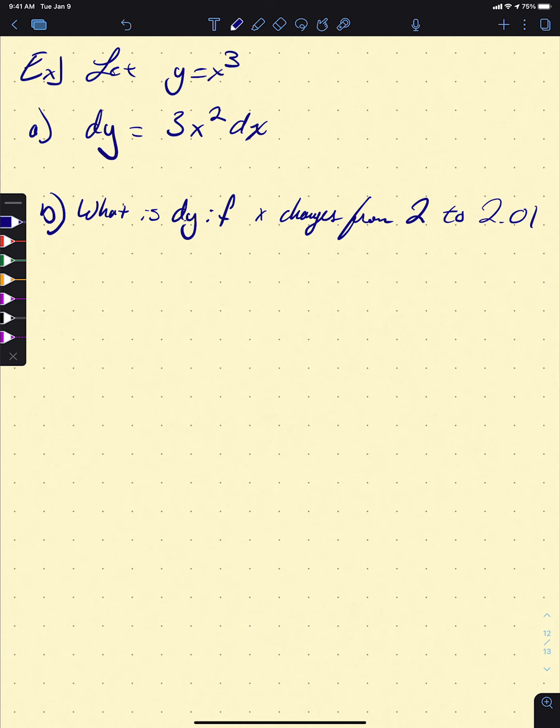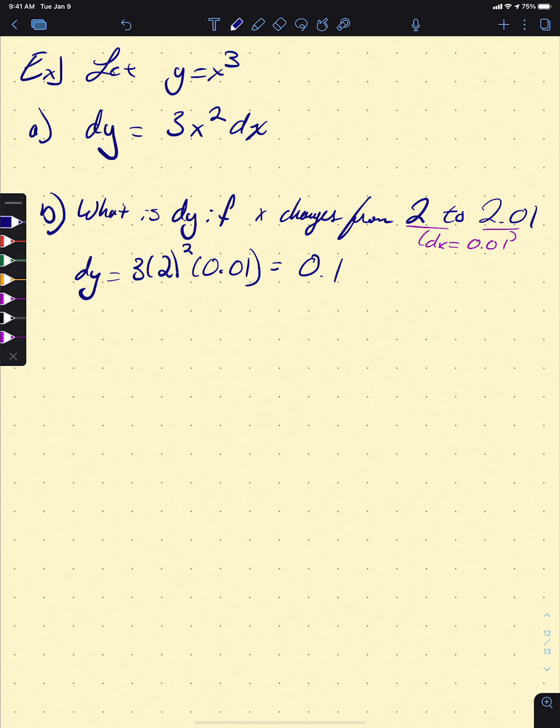In this case, we can see dx equals 0.01, so that means that dy is 3 times 2 squared times 0.01. It's a little bit tedious to do by hand, but when you work it out, you get 0.12.